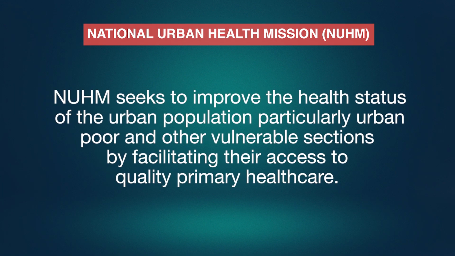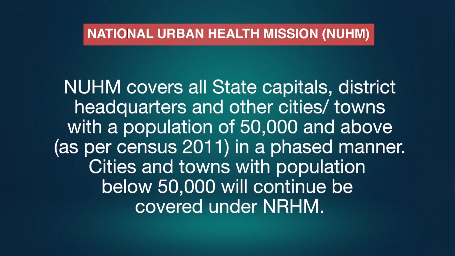National Urban Health Mission is designed to provide integrative preventive healthcare to urban areas, especially the slum areas. The National Urban Health Mission covers all state hospitals, district headquarters, and cities and towns having a population of more than 50,000.